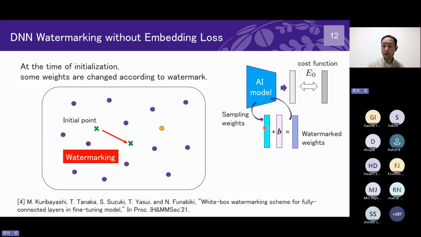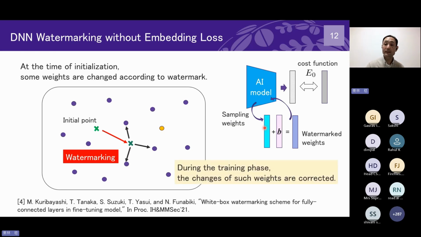Therefore, the only requirement of this watermarking operation is that at each training epoch, the changes of the weight parameters are corrected to satisfy the watermarked weight parameters. By doing this, the watermarked weight parameters still keep their original values.